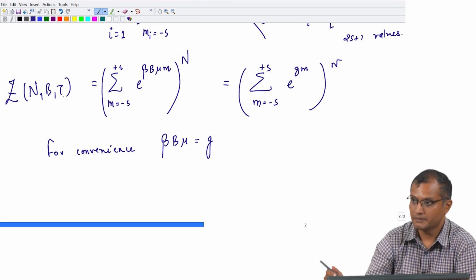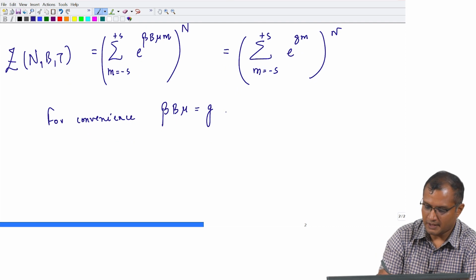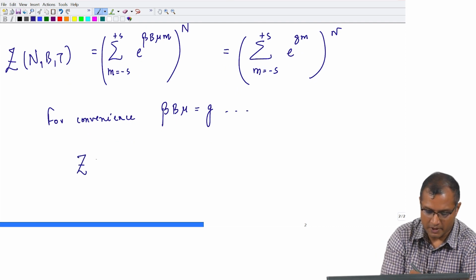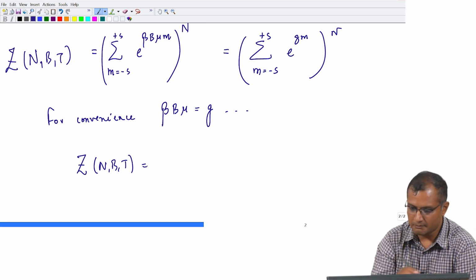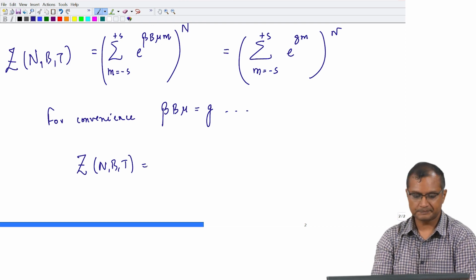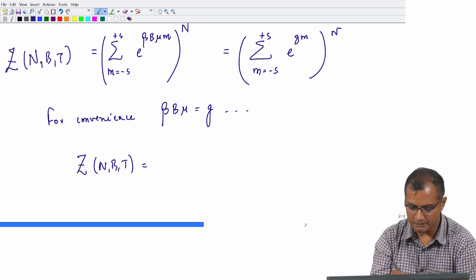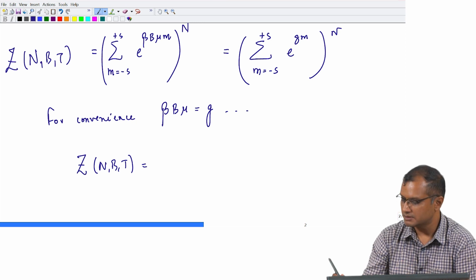Is that okay? So, then I can write down my partition function as nothing but, if I expand it, I will get terms, I will write down a few terms here.